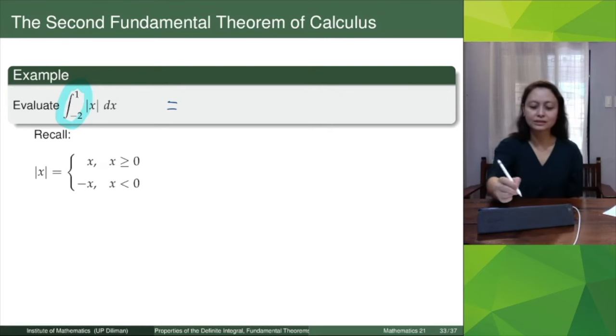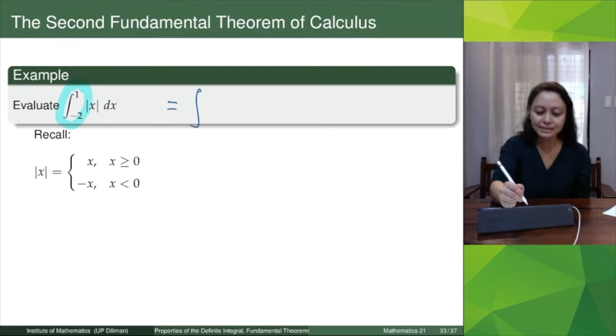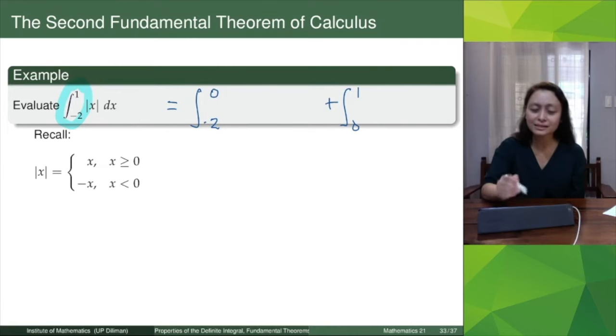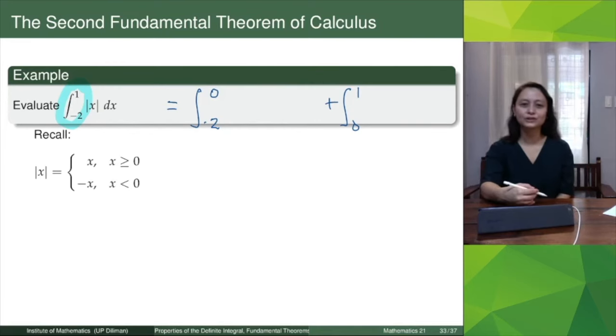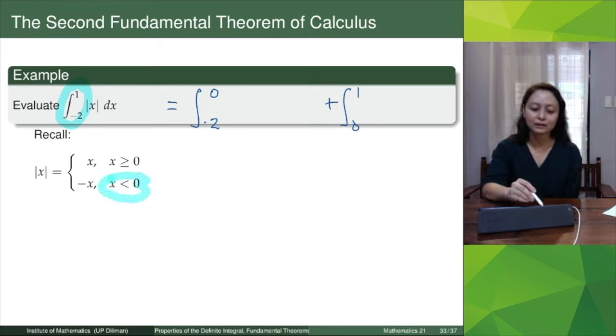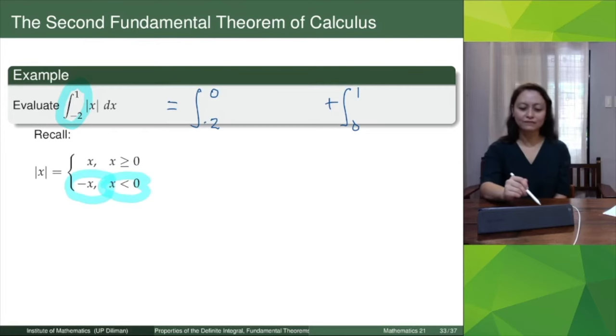definite integrals. So, this can be written as the integral from negative 2 to 0 plus the integral from 0 to 1. Kasi sa 0, nahati yung absolute value function. For values of x less than 0, absolute value of x is equal to negative x.